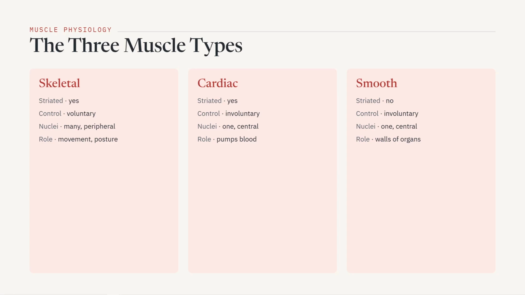Smooth muscle is not striated, is involuntary, also has a single central nucleus, and forms the walls of hollow organs, blood vessels, gut, airways. We'll dig into skeletal muscle for most of this section, because it's where the mechanism is clearest, and then return to contrast all three at the very end.